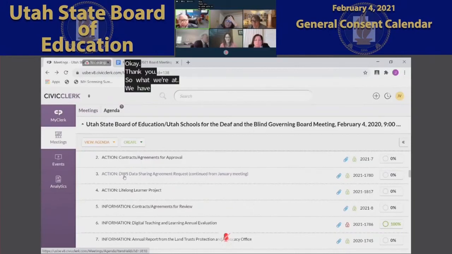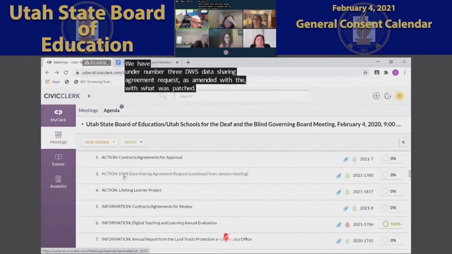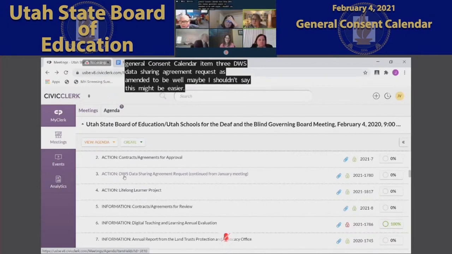Maybe I should say this, it might be easier. I'm seeking a motion under general consent calendar number 3 that the DWS data sharing agreement request as amended be passed. So moved.